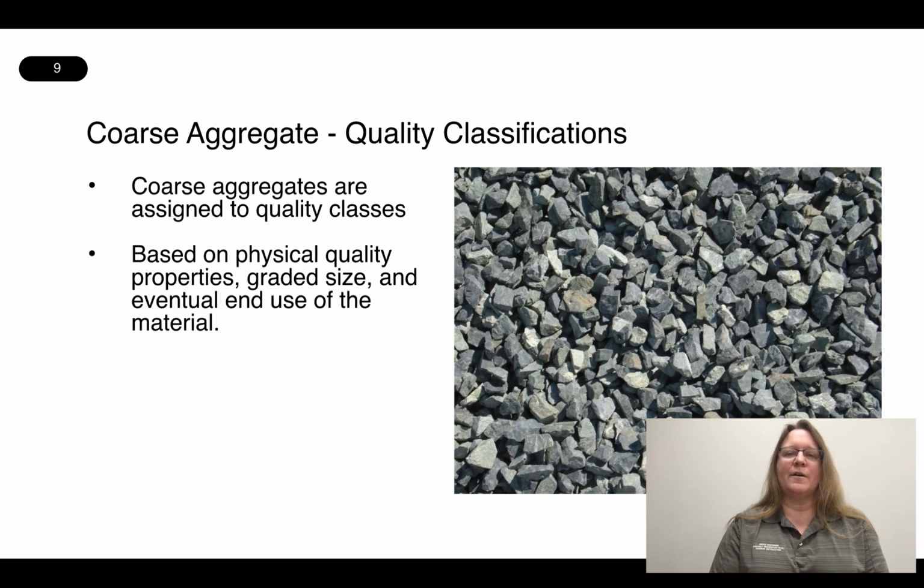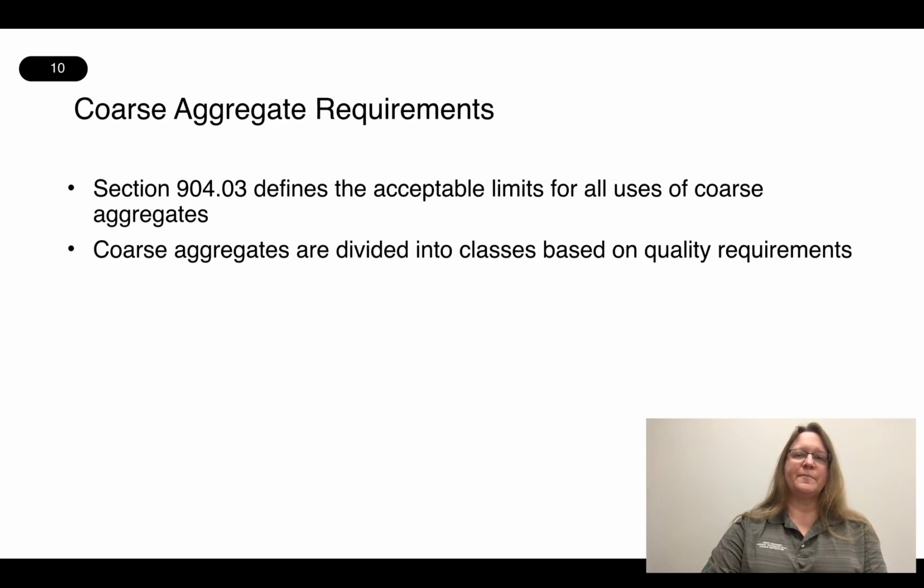And for coarse aggregates, in terms of quality classifications, coarse aggregates are assigned to quality classifications, and it's based on their physical quality properties, their graded size, and how the material will be used. So for coarse aggregate requirements, you would consult the spec book. 90403 is for coarse aggregates.